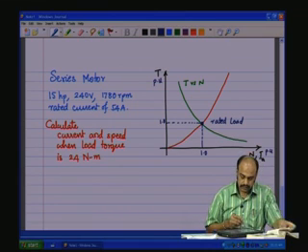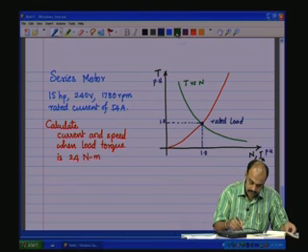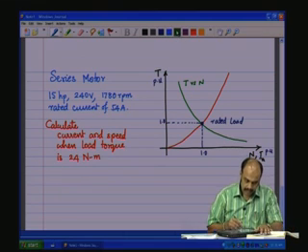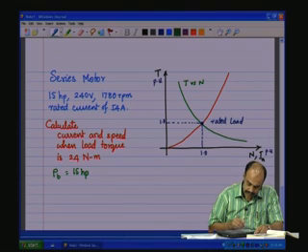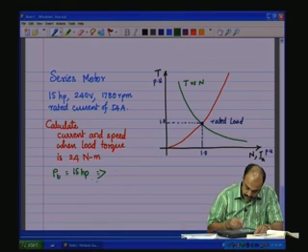So, now let us calculate the various things asked. The base power, we will call it PB, is 15 HP, and let us convert it into watts, which is 15 into 746, which will be 11,190 watts.